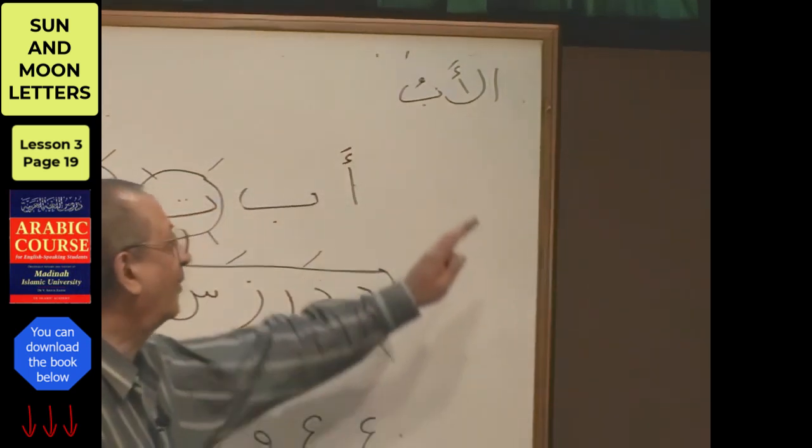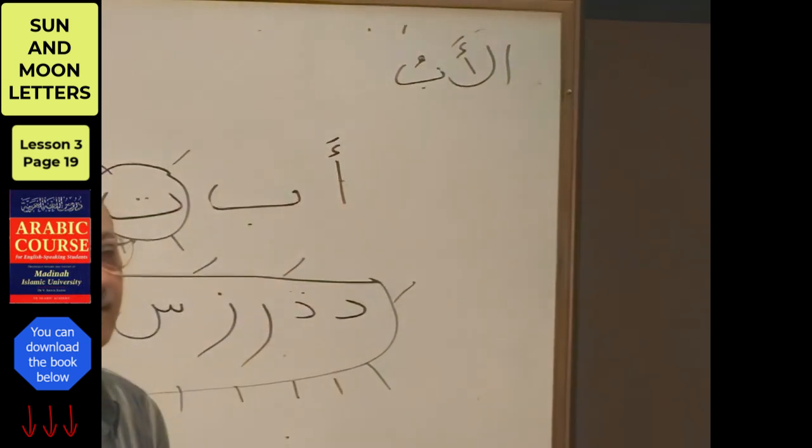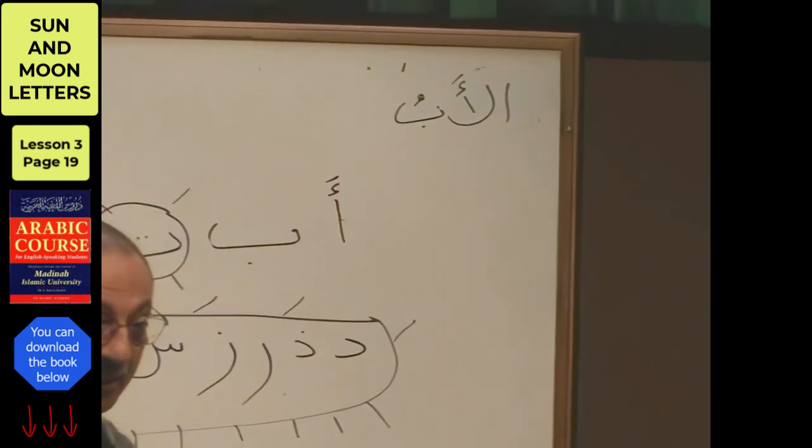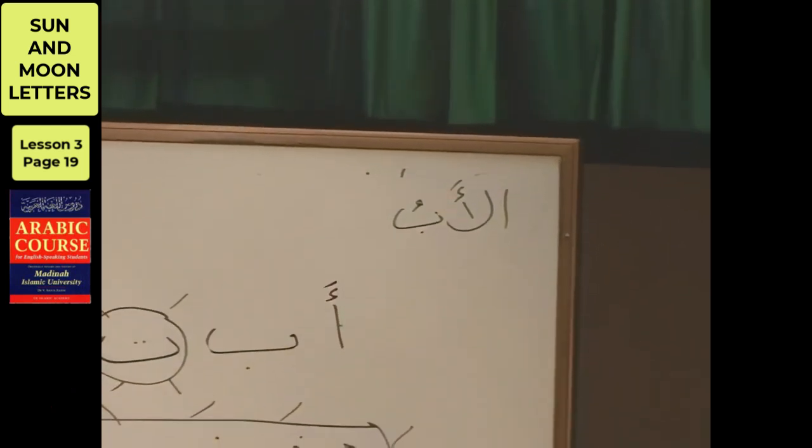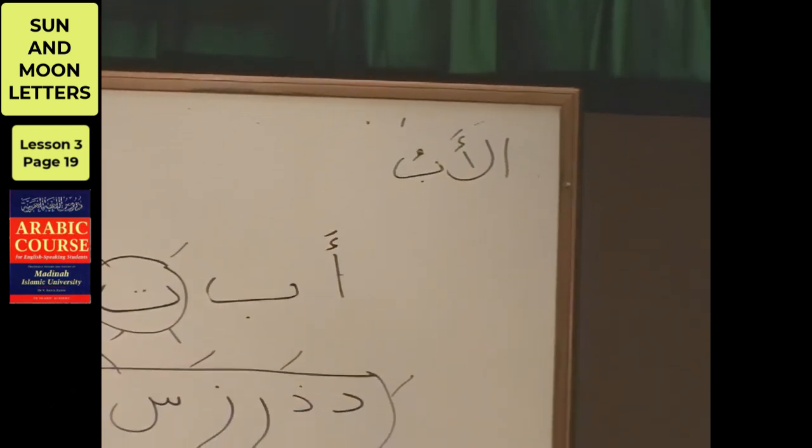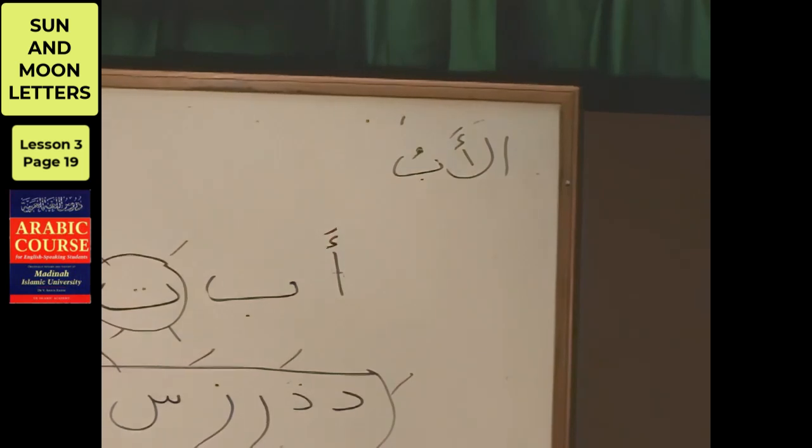No, I did not put any sign there, because that is Hamzatul Wasal. So it is Al-Abu. If I put waw in front of it, Brother Abdul Khadir, it will become walabu. Are you with me? It will become walabu.